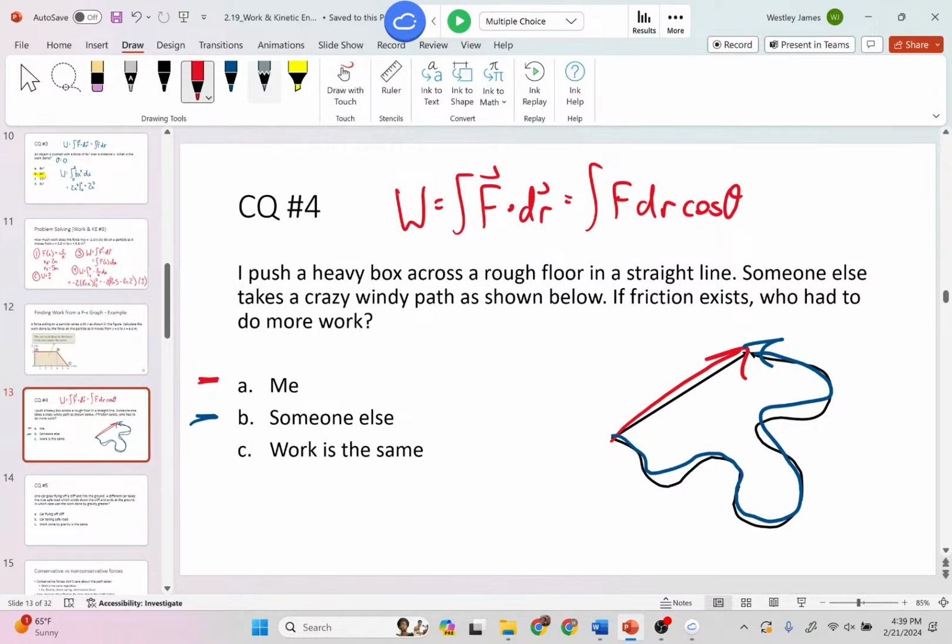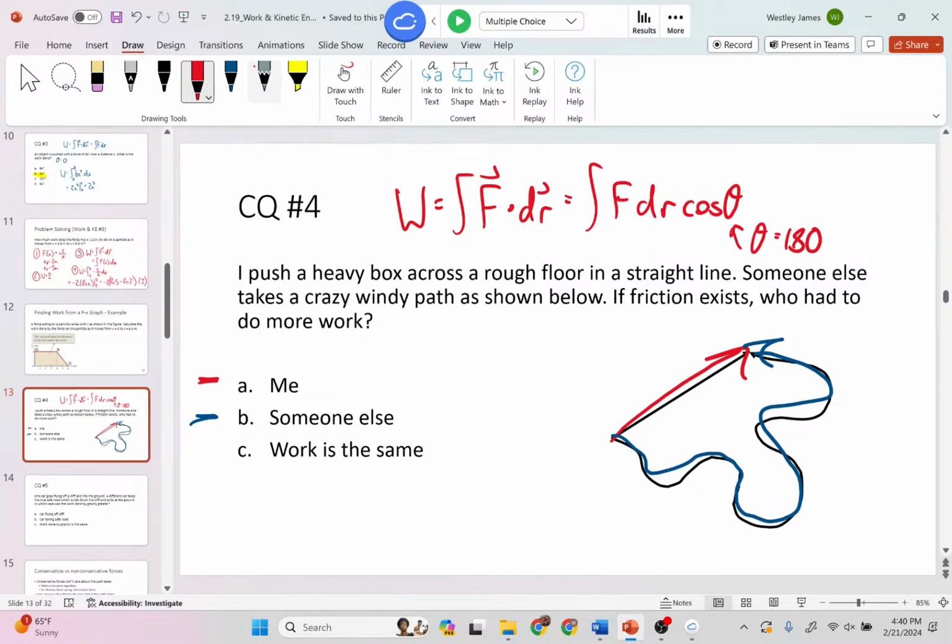Friction is always opposite the direction you're moving. Which interestingly means in this problem, theta is 180 no matter which way you're going. Whatever way you're moving, friction is exactly opposite.